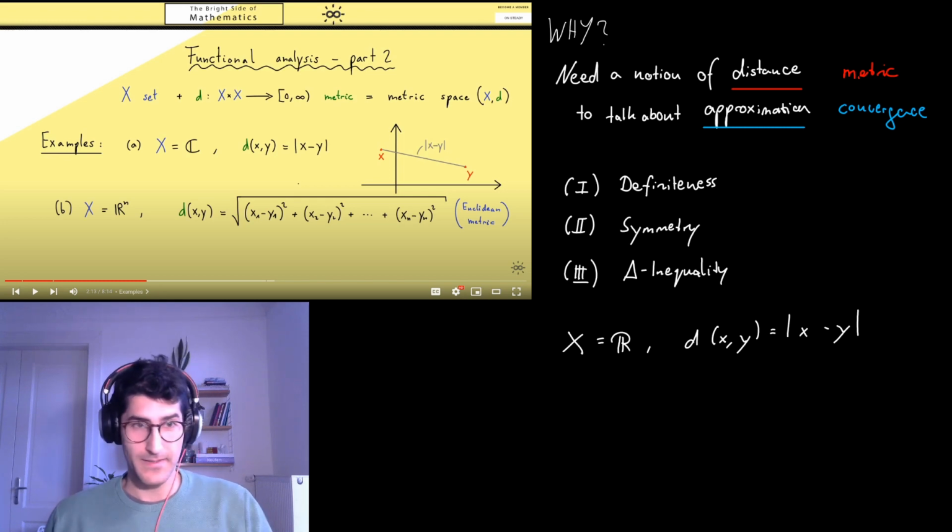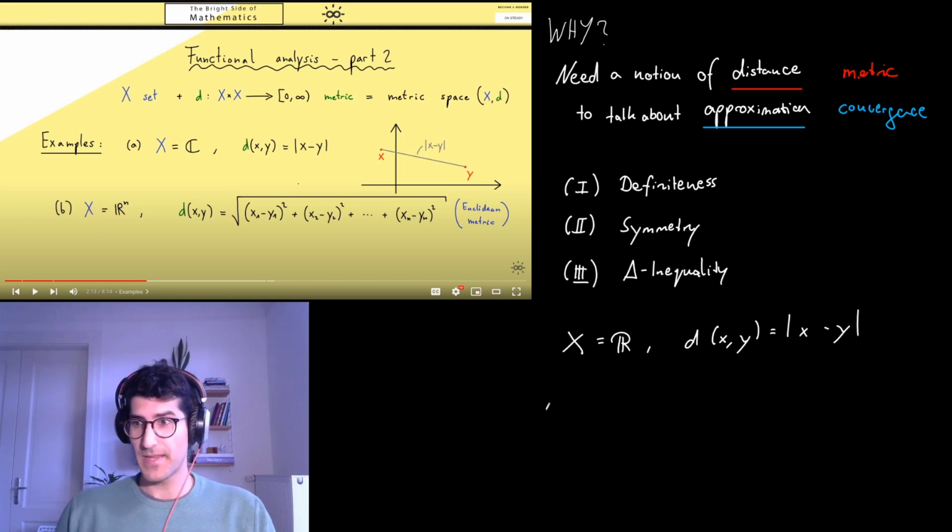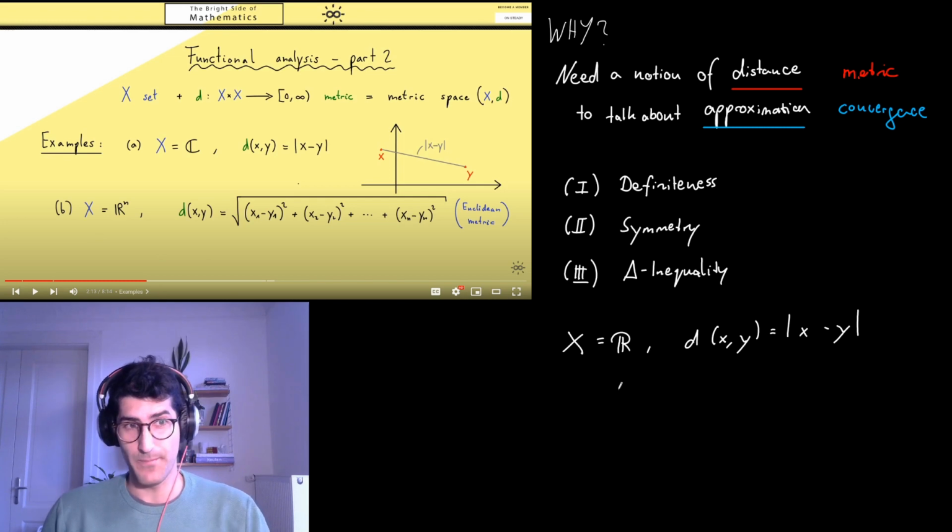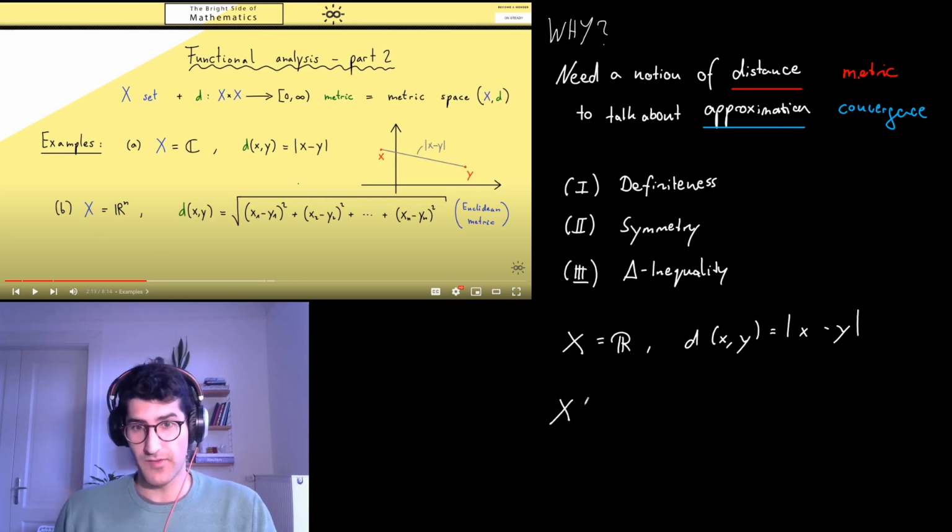So let us look at this example a little bit more closely. Let's specify the dimension of our space, and let's say X equals R².